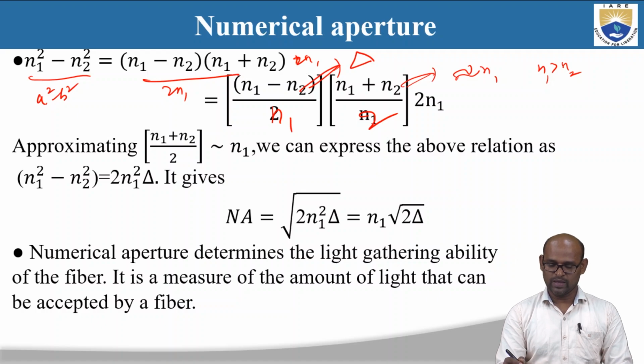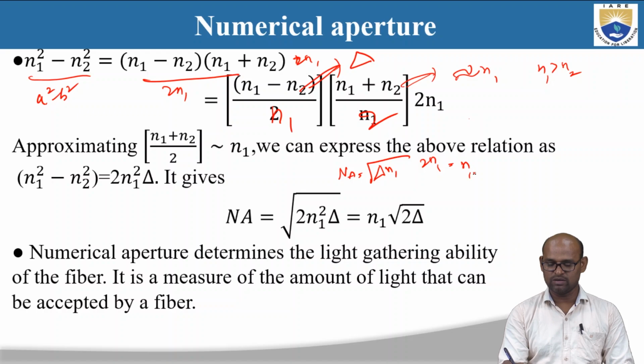So then basically what I get is numerical aperture is square root, so this I am defining as delta and this I am defining as n1, and outside I already have 2n. So basically that is n1 into square root 2 delta. So that is what I got here.